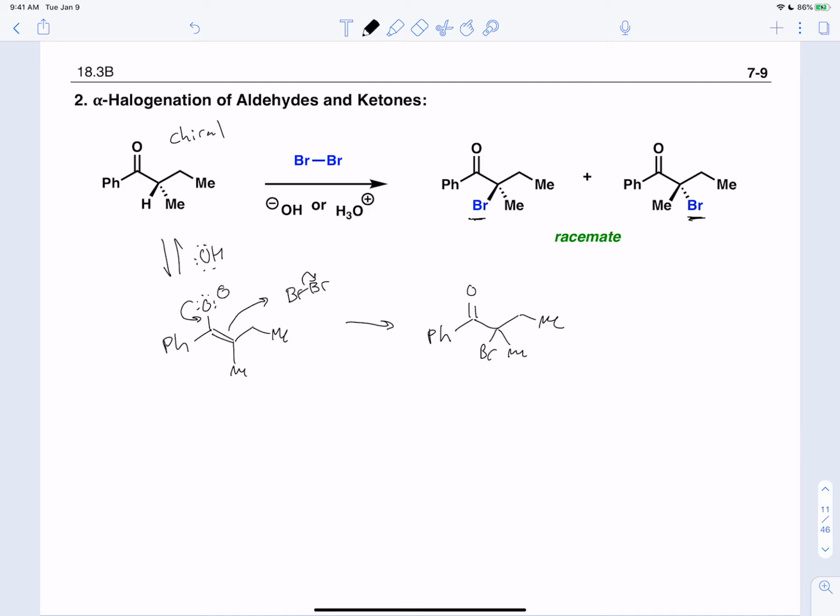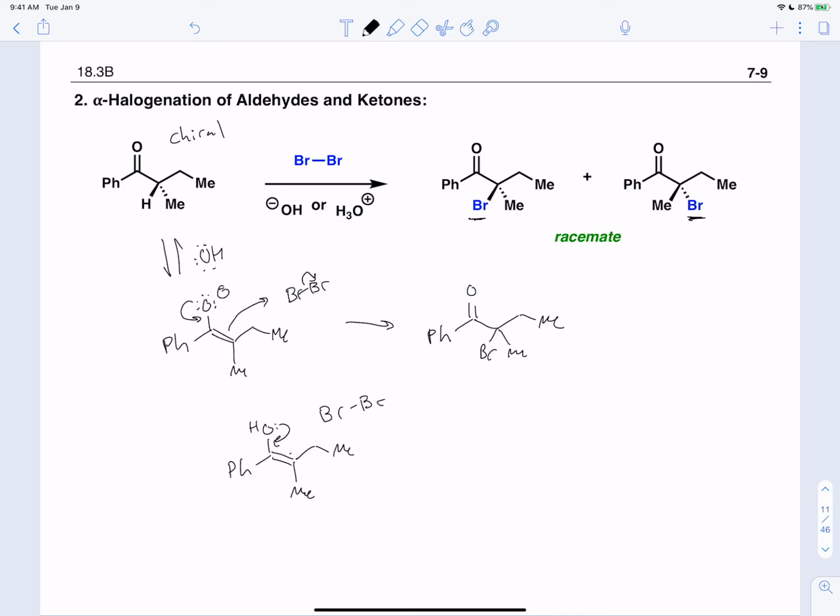Again, you could be going through the enol intermediate as well. This would look very similar. We would use the acid-base tautomerization chemistry to get us now to a flat enol form. And we already know that double bonds react with bromine readily, and enols can react with bromine as well.